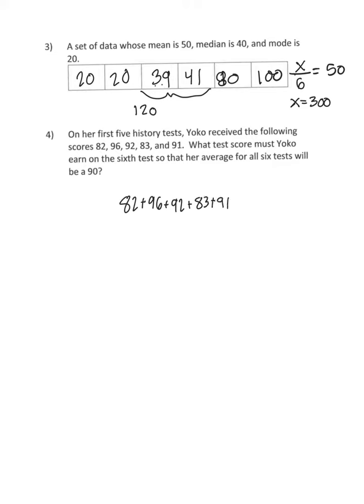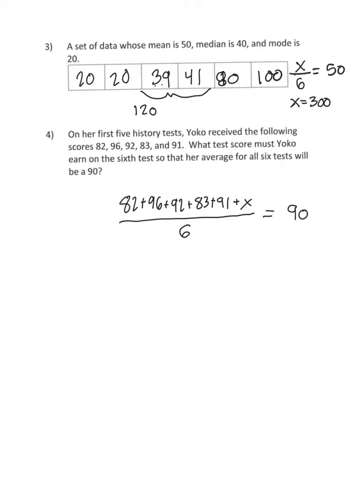But she's got one more test, and we don't know that score yet, so we will call it X. Then, in order to find the average, we need to take all those 6 scores and divide by 6. And she wants it to equal 90. She wants to get an A.